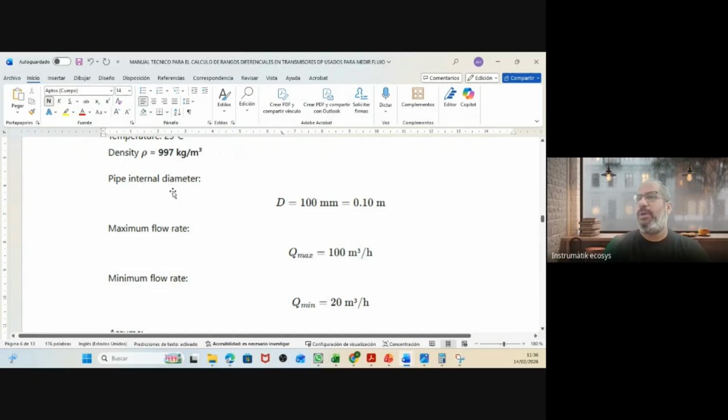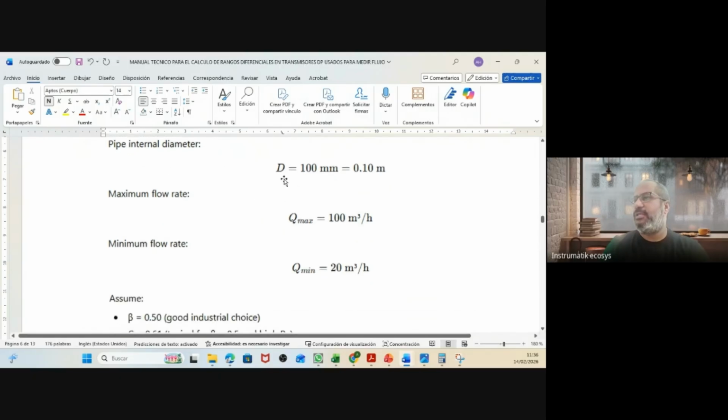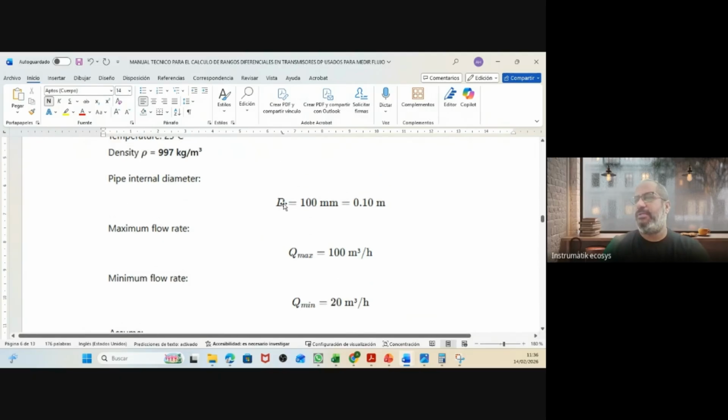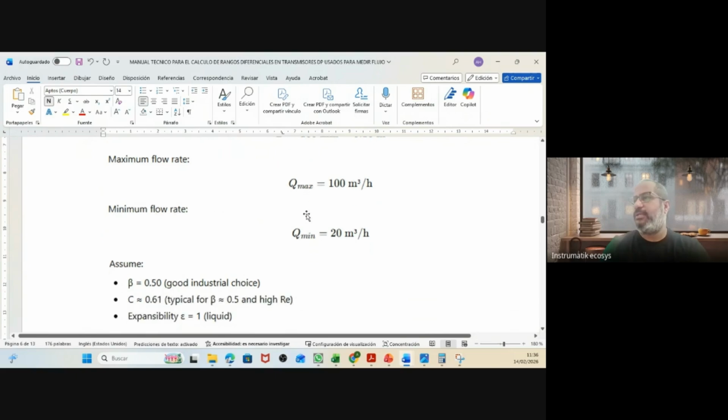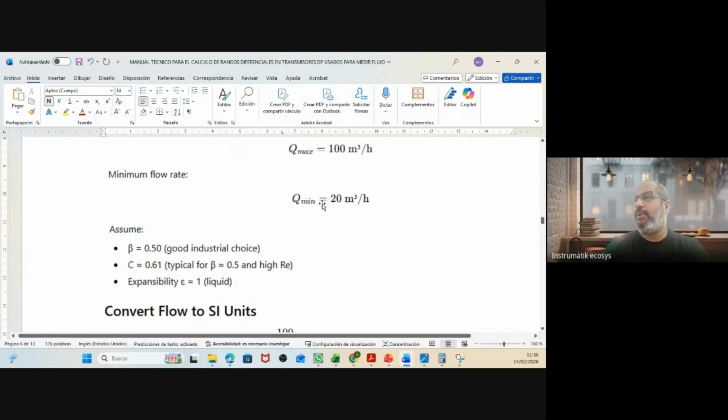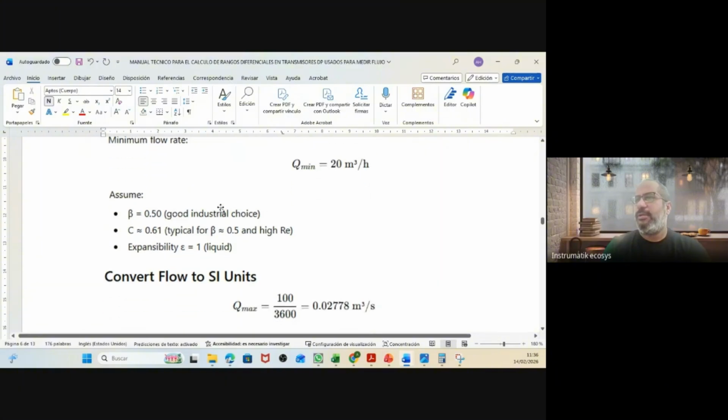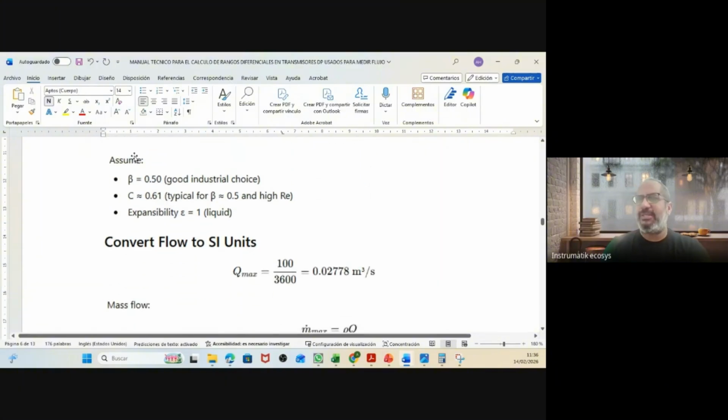Okay, so for this one, you need to have the pipe inside diameter, and the maximum flow rate. Here maximum flow rate is 100 cubic meters per hour, and minimum 20 cubic meters per hour. Then let's assume, for this example, that the beta ratio is 0.5.